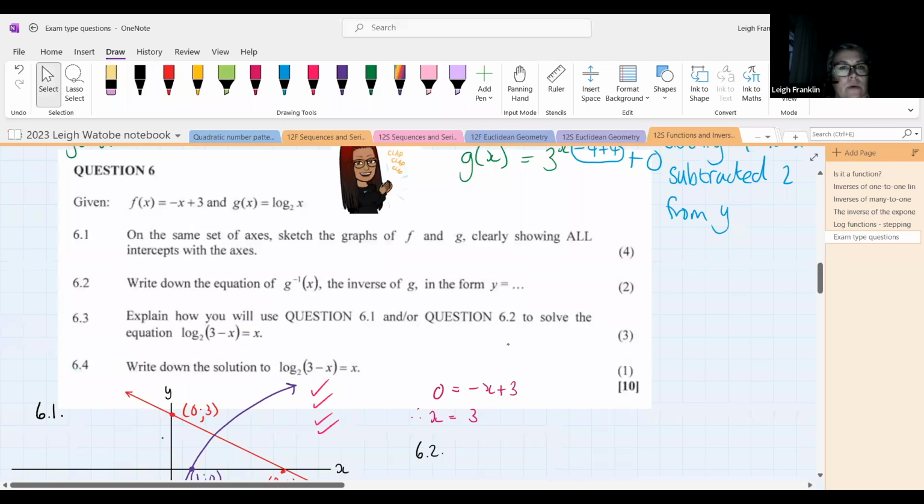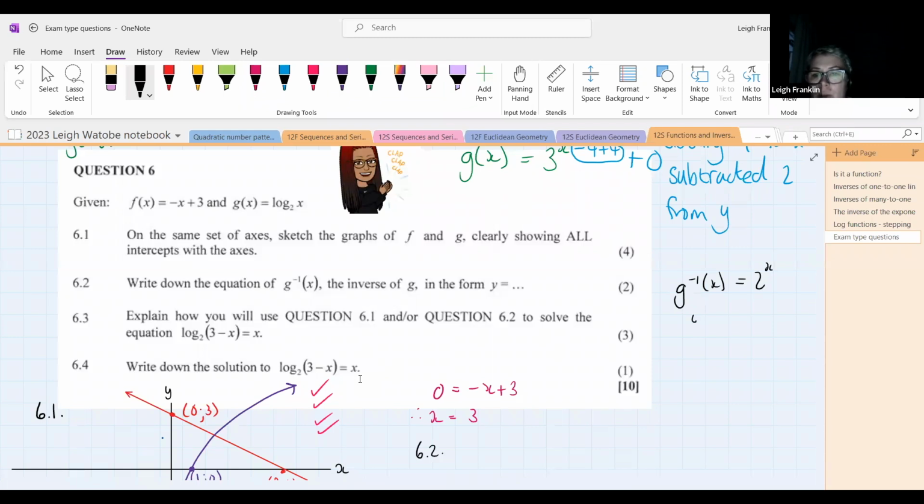So I just want to know how you got the x and y intercept coordinates. Which graph? The g of x graph. For g, okay. It will always be 1 and 0, and that's something that you can learn. The reason for that is this: the inverse of the log function is your exponential function. So the inverse of g of x would be the graph 2 to the x.